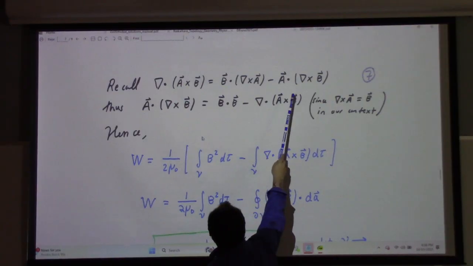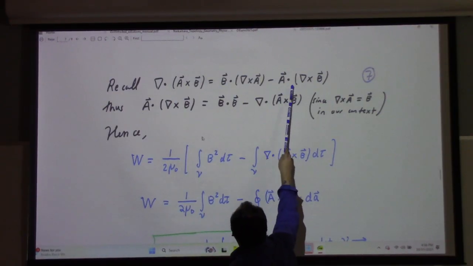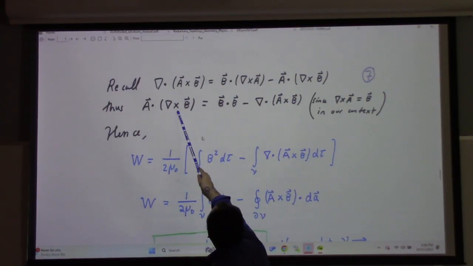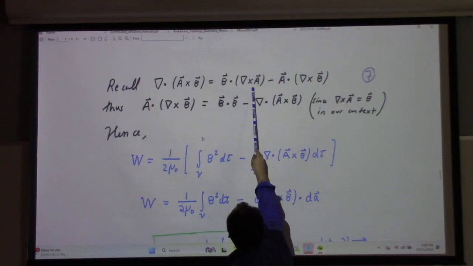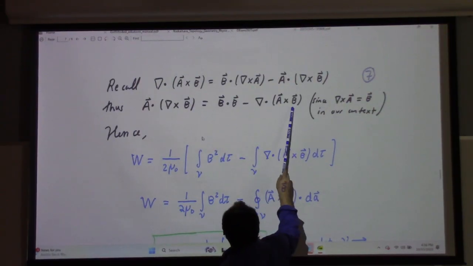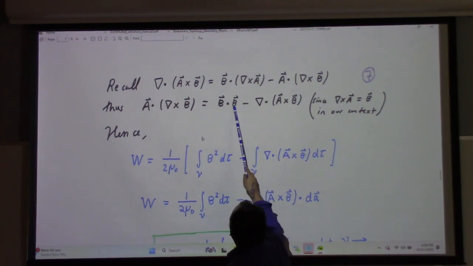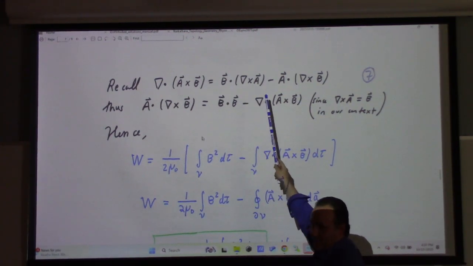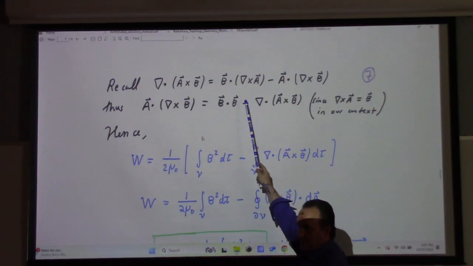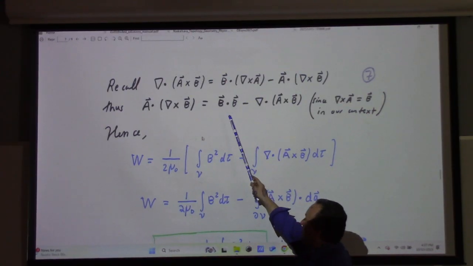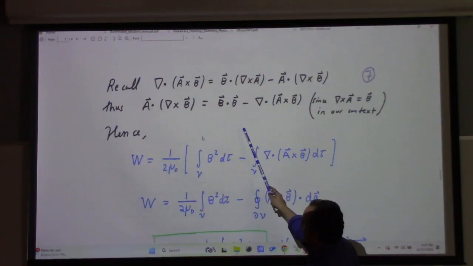And solving for this guy, we have this dot that minus that. But you notice it's B dot B. Why is that? Well, that's actually kind of dumb, right? Because of course, the curl of the vector potential is, by definition, the magnetic field. So this is B dot B, which of course is B squared.